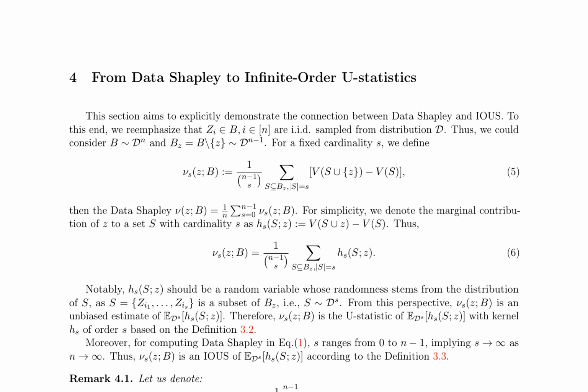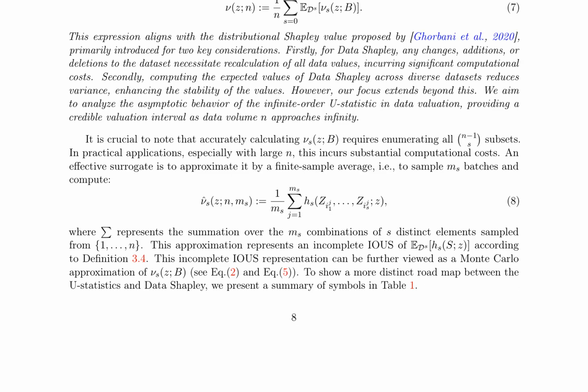As the cardinality s ranges from 0 to n-1, nu_s(z, B) can be viewed as an infinite-order U-statistic of E_{D_s}[H_s(S, z)]. The distributional Shapley value, nu(z, n), is introduced, aligning with the distributional Shapley value proposed by Ghorbani et al., 2020. This expression aims to reduce computational costs and variance in data valuation.